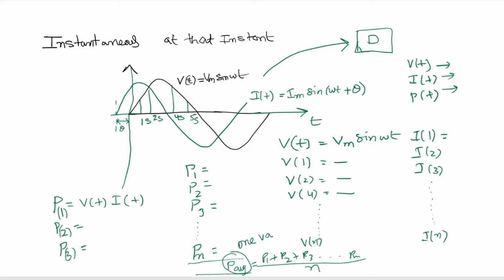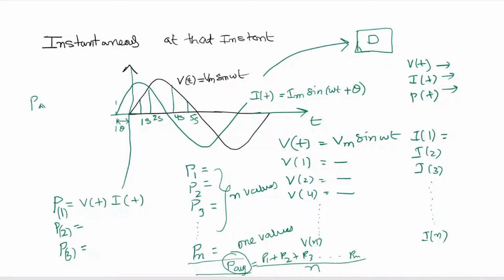One value. If you take instantaneous values, I am getting n number of values. But if I take average power, I am getting only one value. So which will you prefer? Whether you will tell the power in instantaneous values or average values? So we have to tell the power in terms of average value.